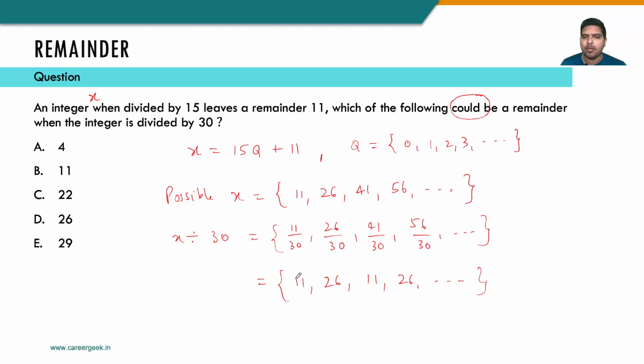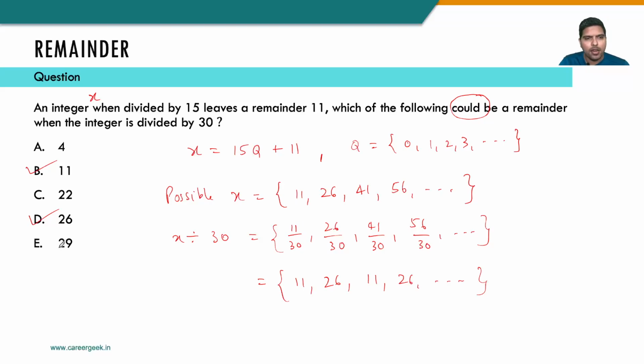So the remainders can be either 11 or 26. Now you just have to see the options and check the right answer. Both are given. Generally, there will be only one option correct, or they will mention more than one, select all the correct answers if applicable.